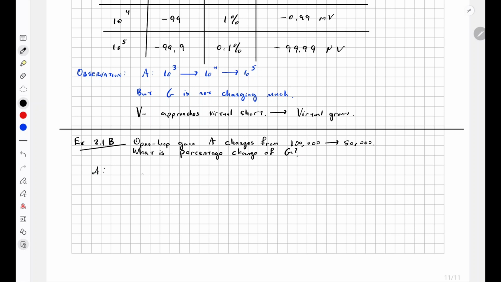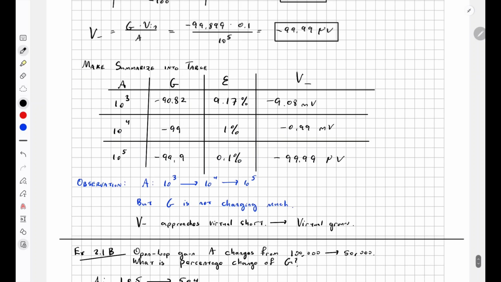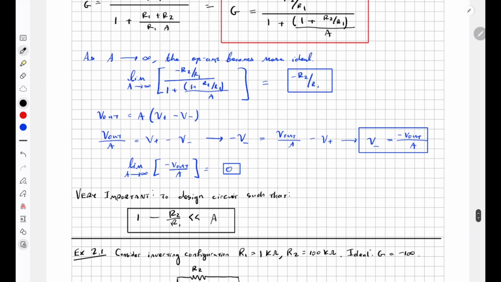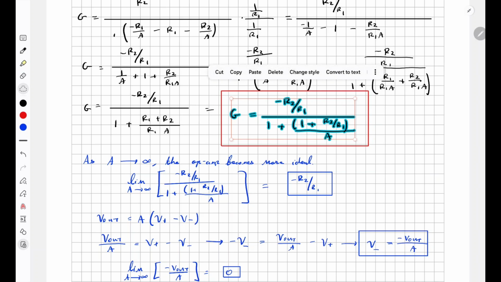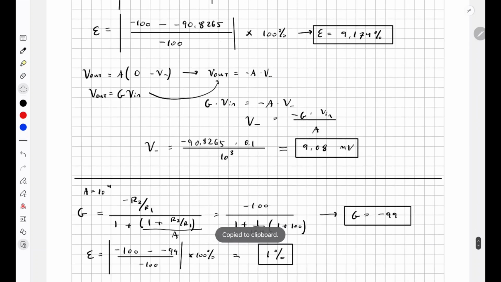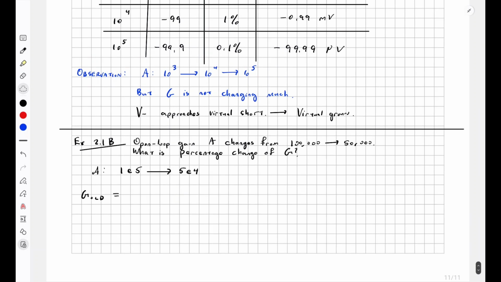To solve for this, we see that it's going from 100,000 to 50,000. So let's do the old value of closed loop gain. As we recall from earlier, the formula that we derived to calculate closed loop gain for the non-ideal op-amp, which is the real op-amp, is this here.